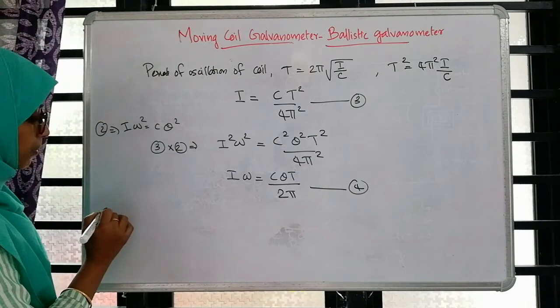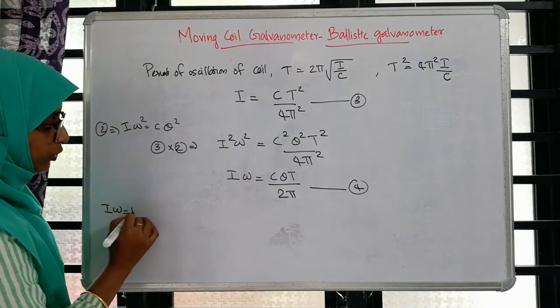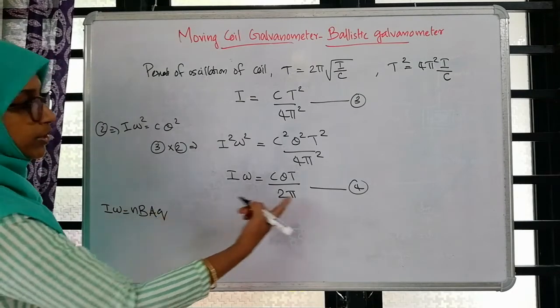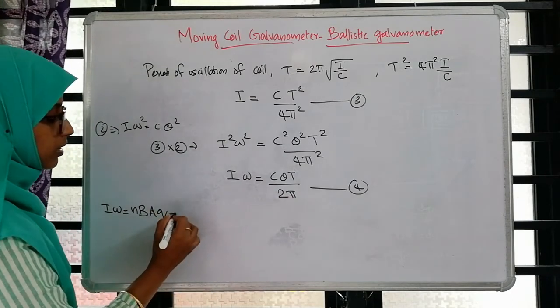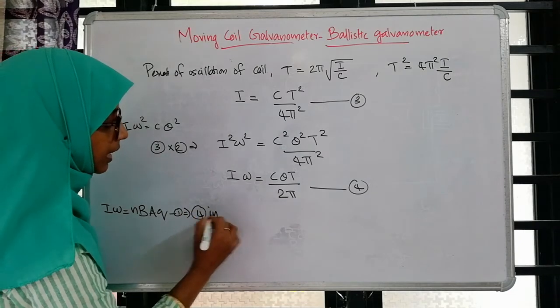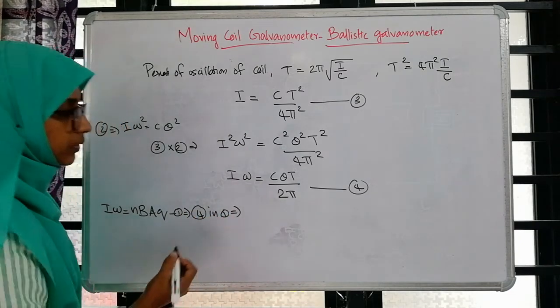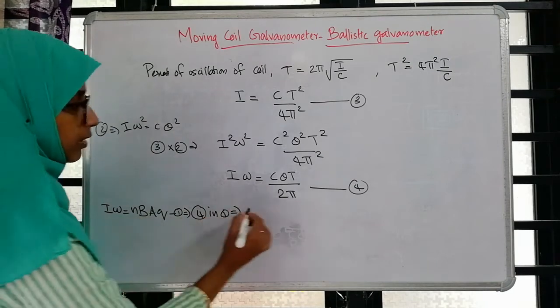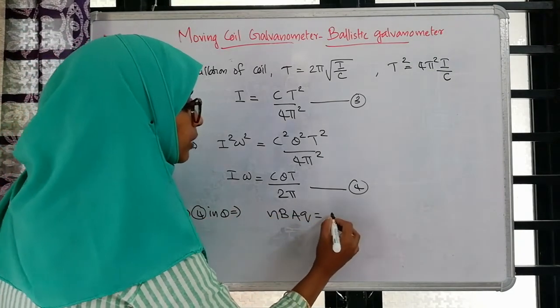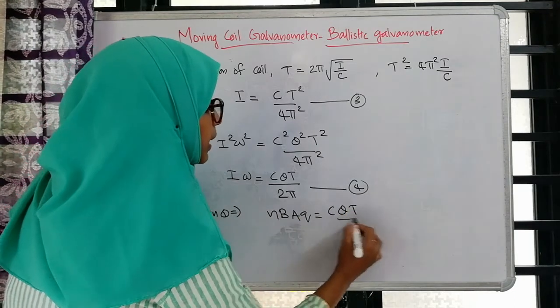You know equation number 1, that is I omega is equal to NBAQ. Now I am going to substitute here. When 4 in 1 implies NBAQ is equal to C theta T by 2 pi.